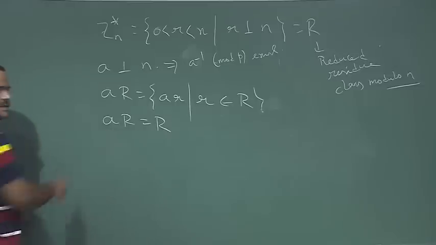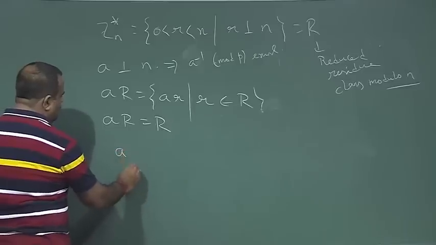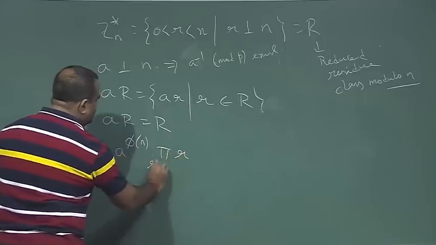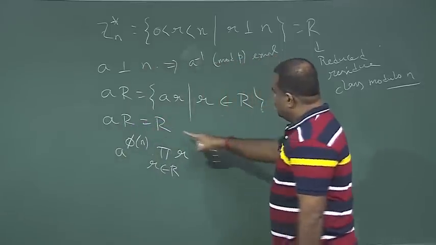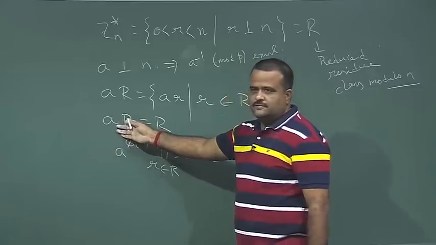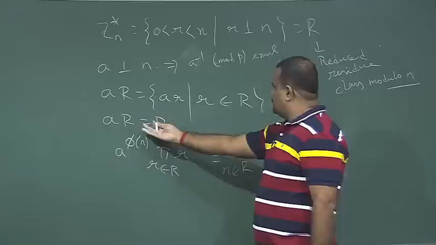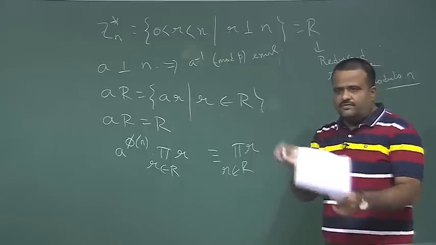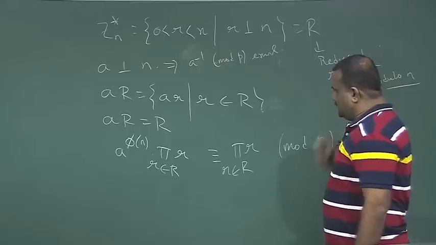If we multiply all the elements from aR, this will be of the form a to the power phi(n) into the product of r, where r comes from R. This must be congruent to the product of the elements of R, because these two sets are the same, maybe not in the exact order, but under the congruence operation in a different order. So, this is the result under mod n.